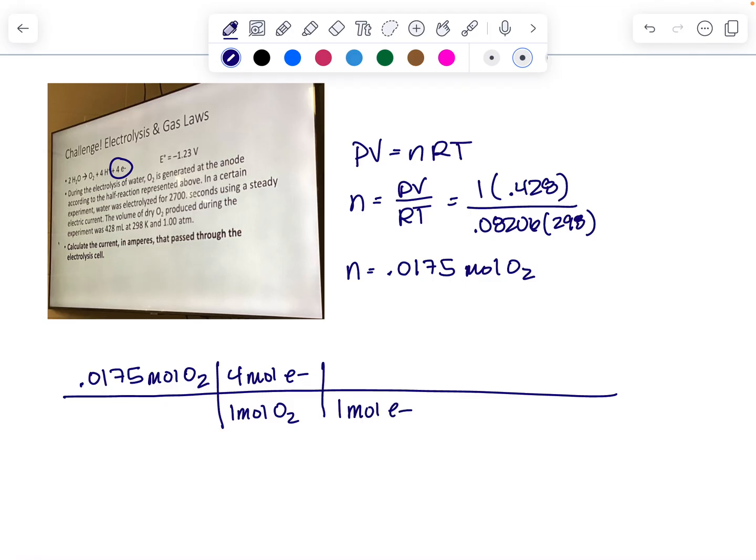Then we can go to coulombs with Faraday. So 1 mole of electrons is equal to that number. We'll have the 96,485 on the top, coulombs. Isn't that our current? No, that's our Q, our coulombs. And then the current is coulombs per second, so we'll divide by 2,700.